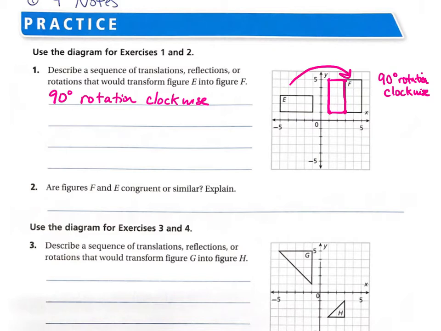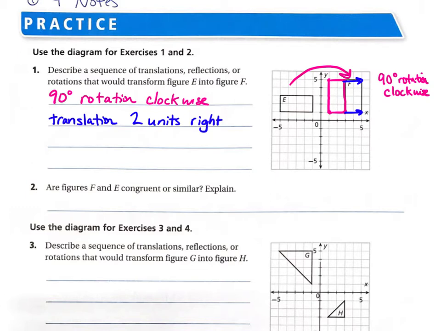It appears that it's just slid over. I can see that it slides 2 units to the right. So it appears that there is a translation. Two units right.